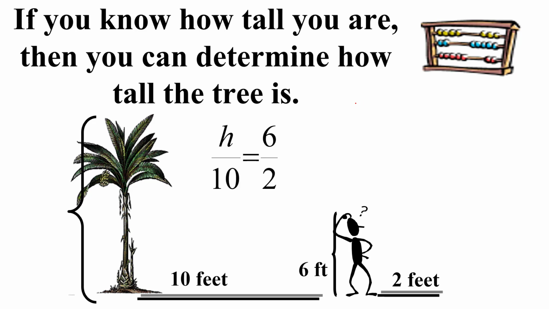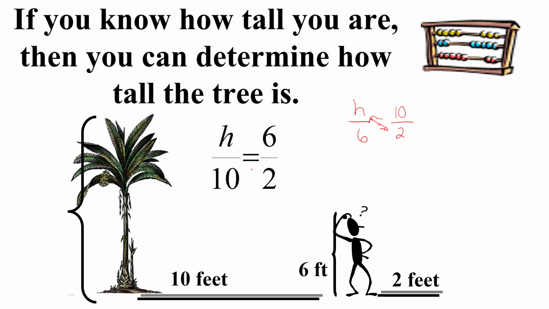Traditionally, I would have you say the height over the height is equal to the shadow over the shadow. Now what you will notice is that as long as we're keeping our corresponding parts equivalent and putting them together in the same ratios, when we cross multiply, notice what happens.